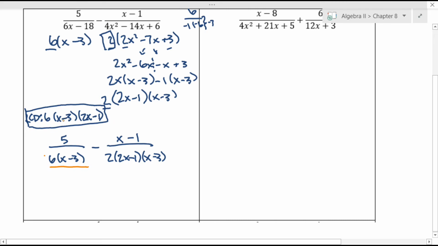It already has a 6. It already has an x minus 3. So I have to multiply by 2x minus 1 on the top and on the bottom, 2x minus 1. And on this side, what I'm missing is I need this to be a 6, so I have to multiply this side by 3 over 3. All right.